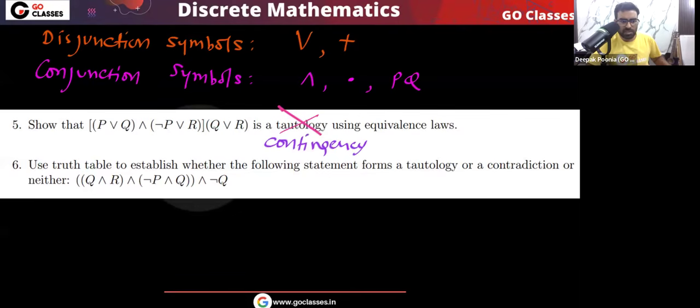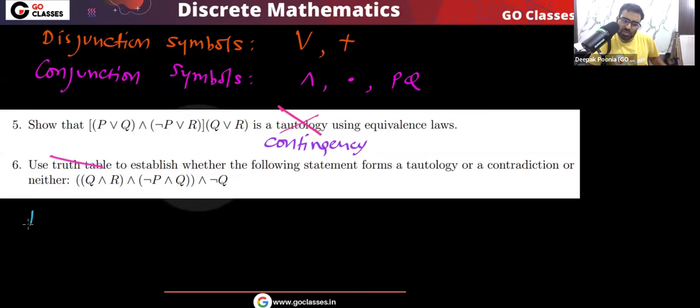Okay, question number 6. Use a truth table to establish whether the following statement form is a tautology, contradiction, or contingency. This is the statement. Actually, the truth table is a dumb method. Don't use a truth table. Use the by-case method or the simplification method.